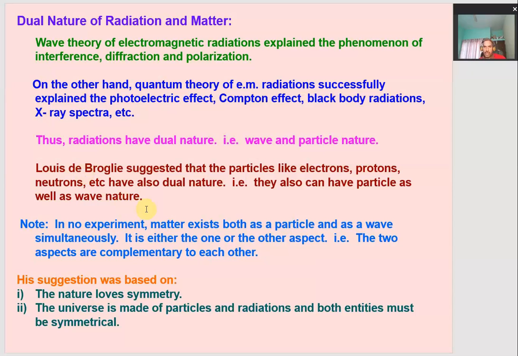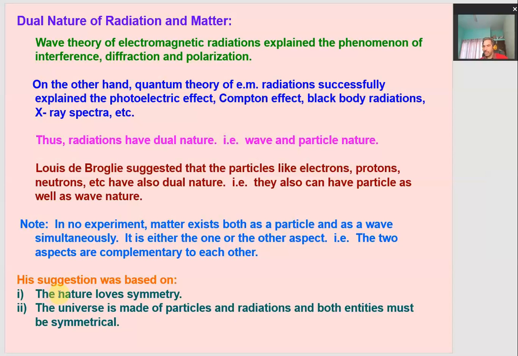Louis de Broglie was of the idea that if radiation can have both kinds of characters, like a wave and particles, then material particles can also possess both kinds of behaviors, as a particle as well as a wave. He made his suggestion based on the hypothesis that in this universe nature loves symmetry.